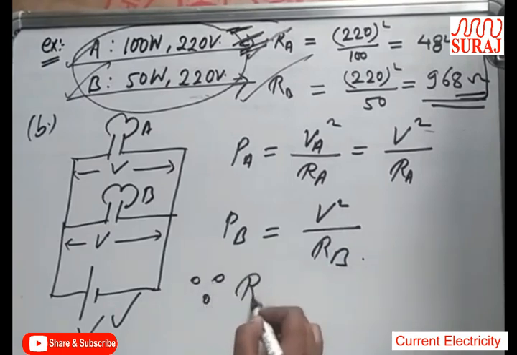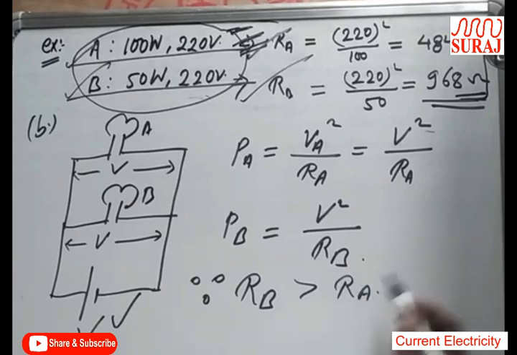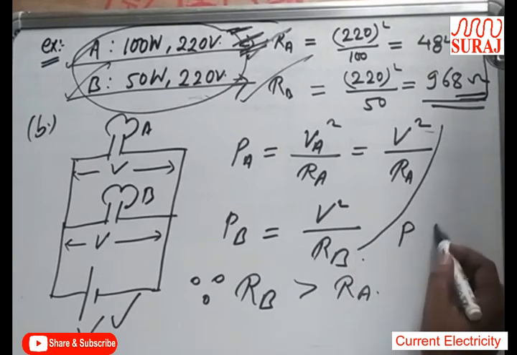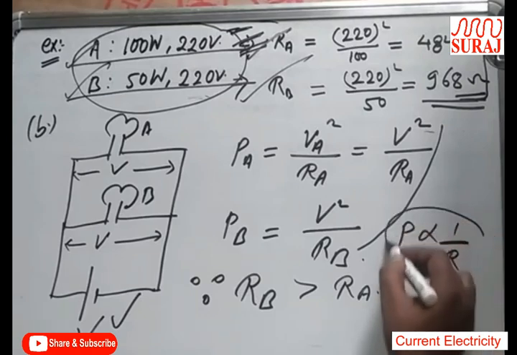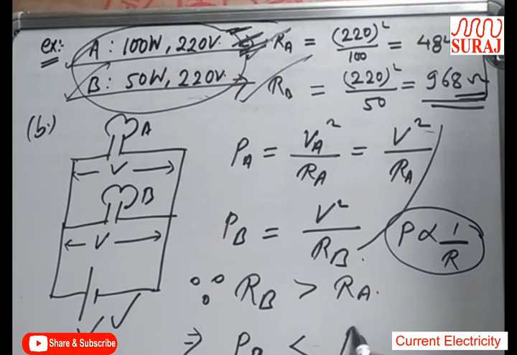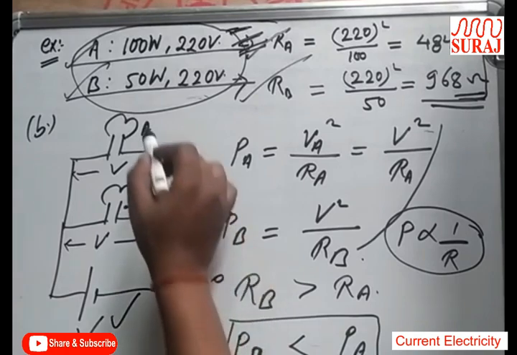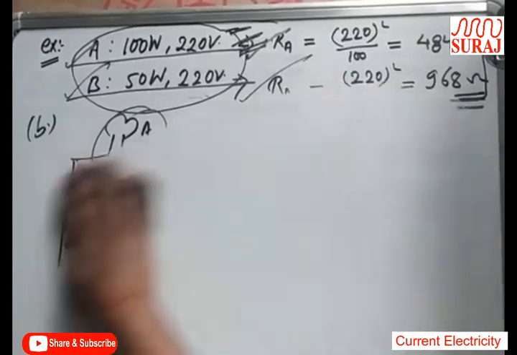Since we have seen the resistance of B is greater than the resistance of A, in a parallel combination the power consumption will be inversely proportional to the resistance of the instrument. So we can say the power dissipated in B will be less than the power dissipated in A. It means bulb A will show more brightness with respect to bulb B.